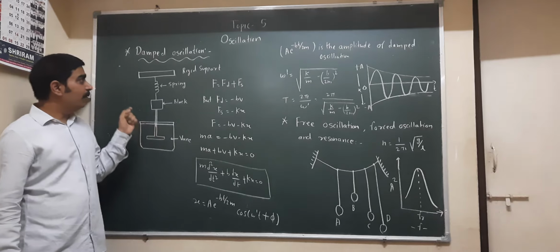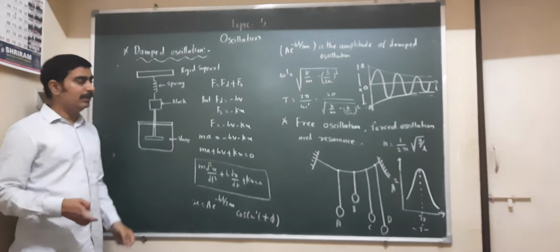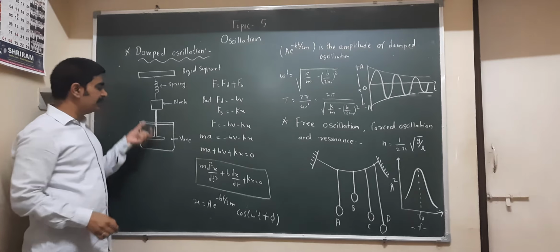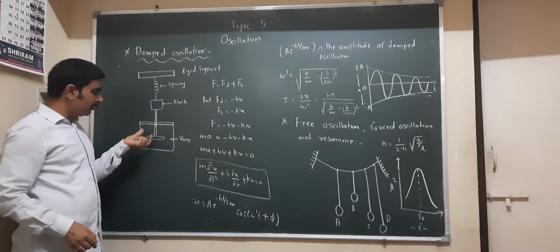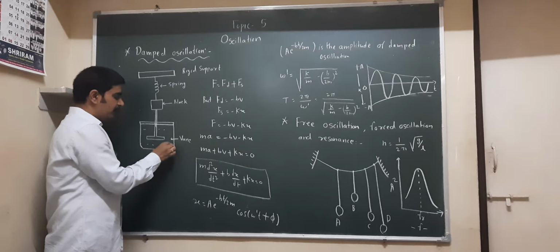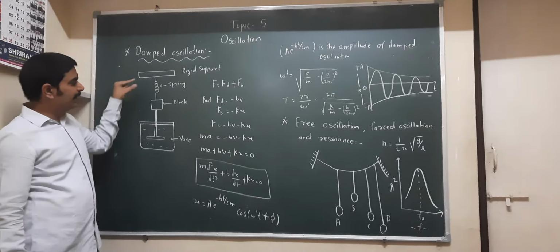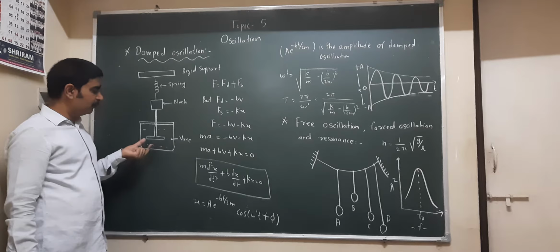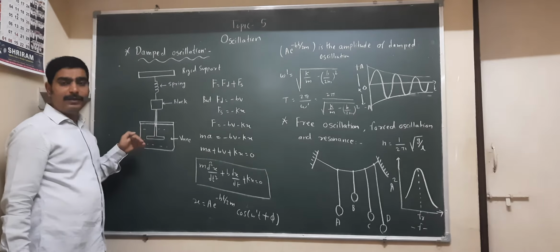Friends, here we are going to see one equation in which one spring is here, a wooden block is here, and the other end of the wooden block is attached to the vane, and it is dipped in the water. So the spring is attached to the block, and that block is attached to the vane, dipped in the water.